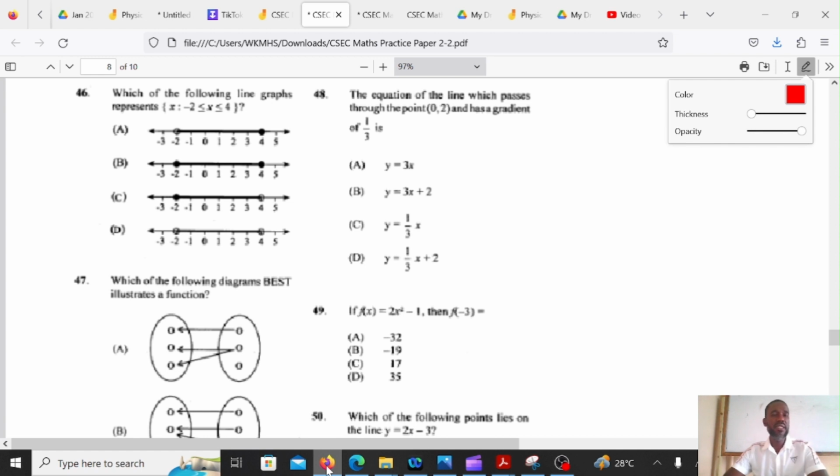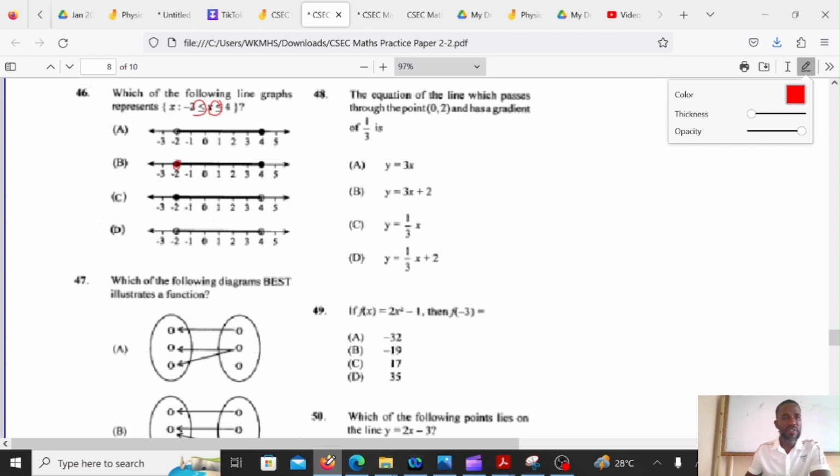Question 46. It says, which of the following line graphs represents x where x is greater than or equal to 2 but less than or equal to 4? Since we have two less than or equal to signs here, it means that it must be closed.